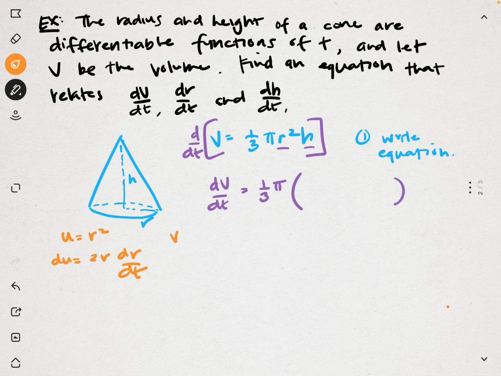Then we have our v, which is the h, and then the dv would be dh/dt. Okay, so let's put this all together.